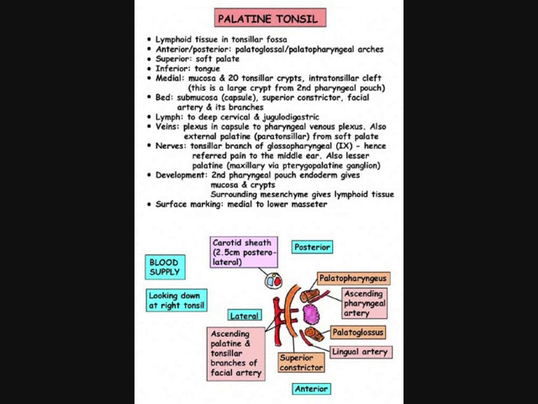It is in fact supplied by the tonsillar branch of the facial artery. It has a plexus of veins in its capsule, and these drain down to the pharyngeal plexus of veins. In part, the tonsil develops from the second pharyngeal arch. Its lymphatic drainage is to the deep cervical and jugulodigastric nodes, which are classically tender and enlarged with tonsillitis.